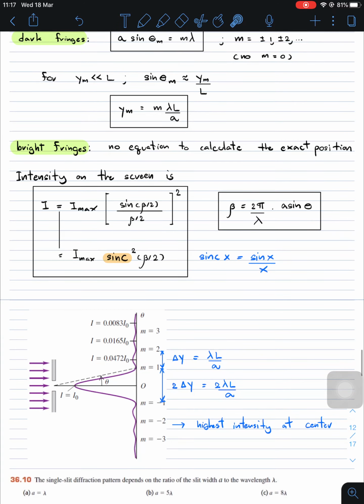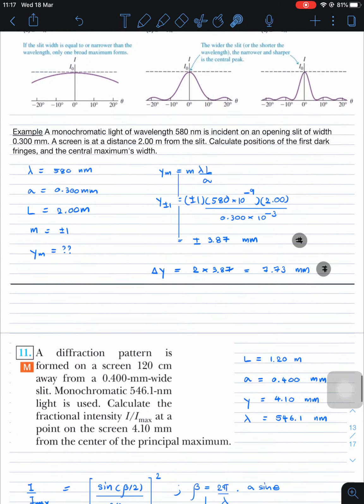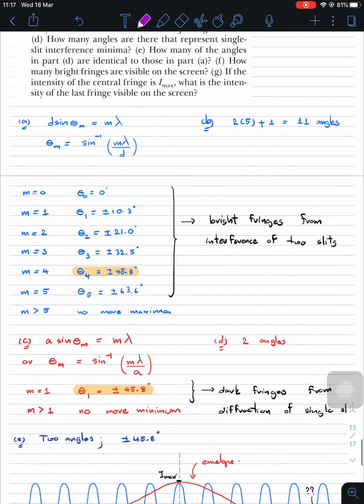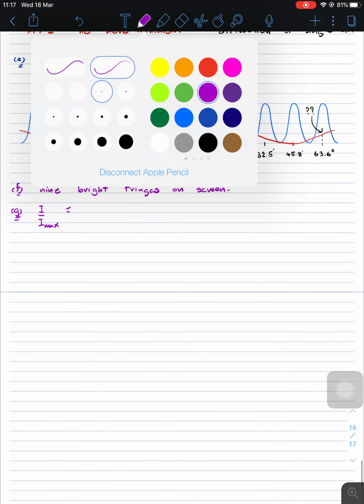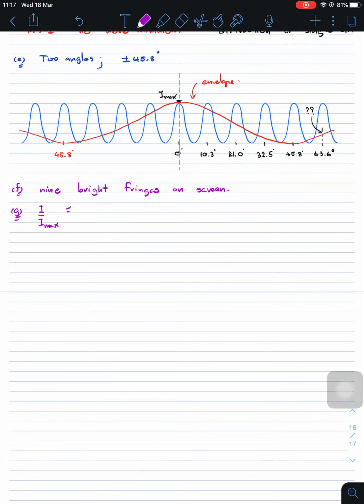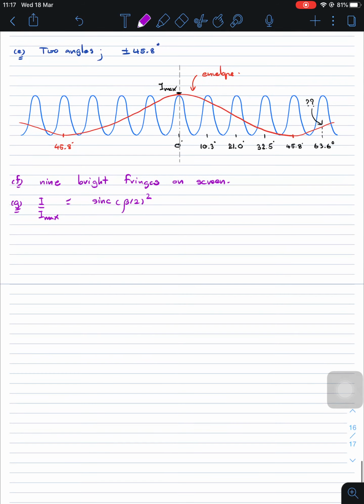But for simplicity, let me just use this equation. We have the sine of beta over 2, squared.